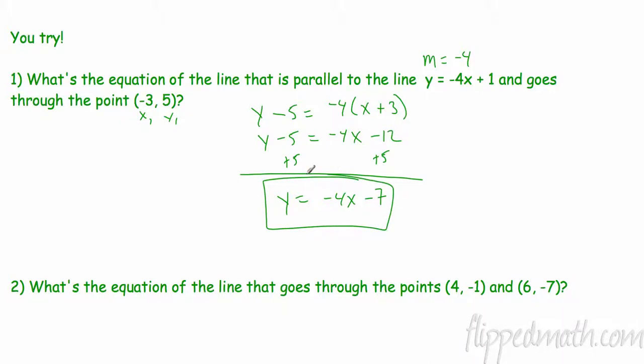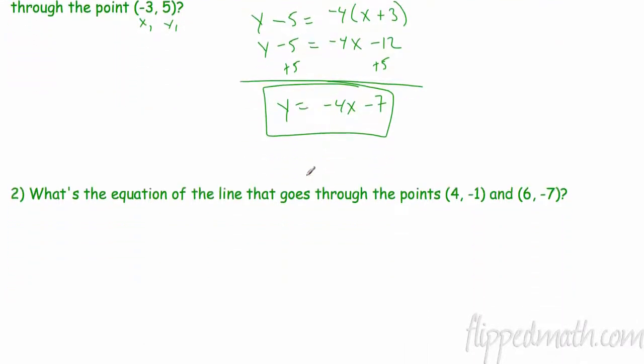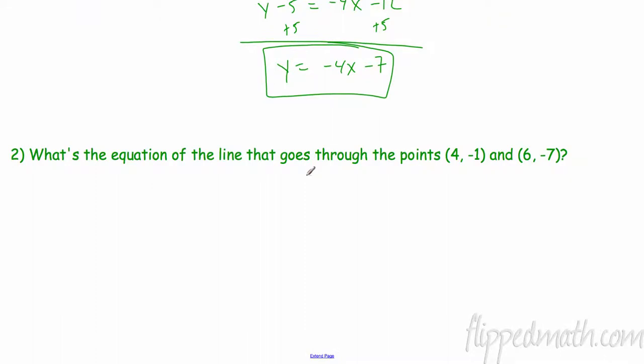All right, down here, what's the equation of the line that goes through the points (4, negative 1) and (6, negative 7)? Looks like we need to get a slope first here. So negative 7 minus negative 1 over 6 minus 4. So this is really negative 6 over 2, which is negative 3. It doesn't matter which point. I look at the points that are smaller.